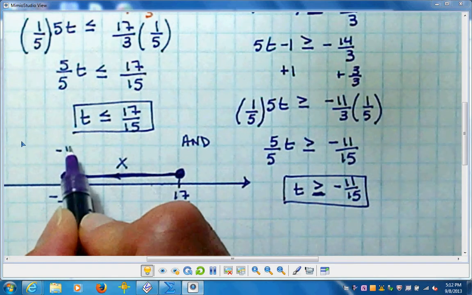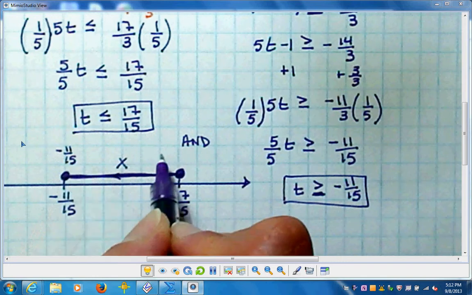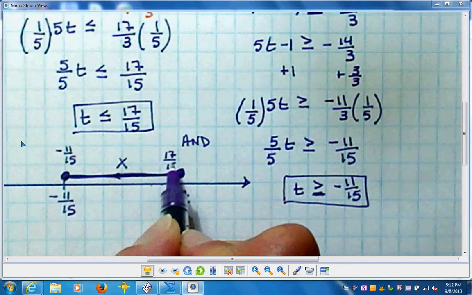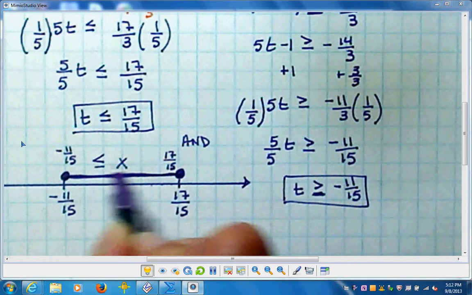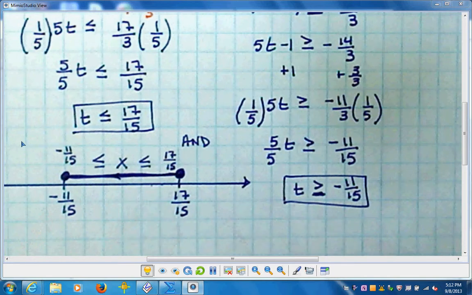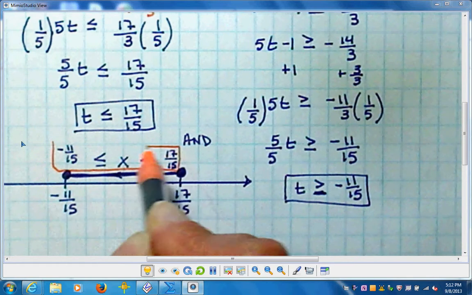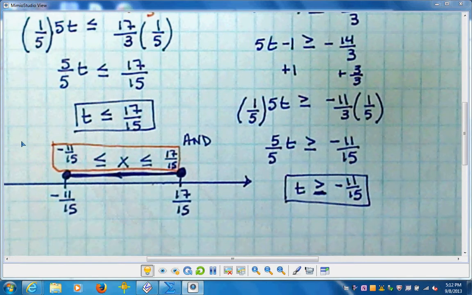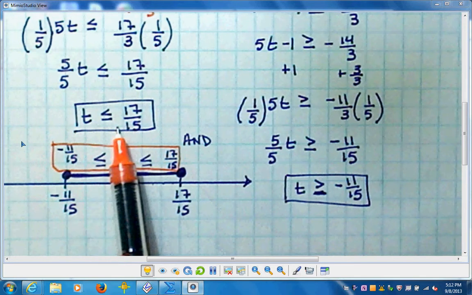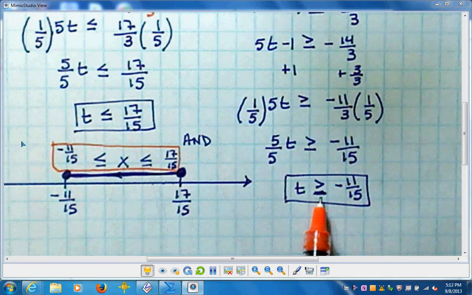And I got -11/15 on this side, and I have 17/15 on this side. And my inequality signs go like that. So that means I could write my answer like this. So my answer could either be written like this, or this, and that.